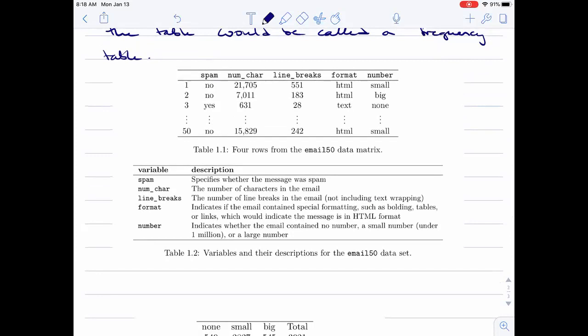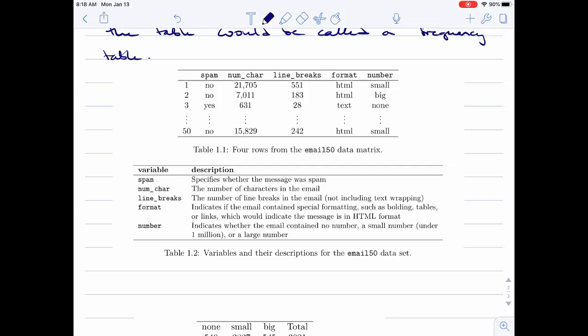And then they look at things like, well, what number of characters do you have in that email? How many line breaks are there? What's the format of it? And are there any numbers? And if so, are they small, big, or none? I think it's just no number, a small number, or a large number.